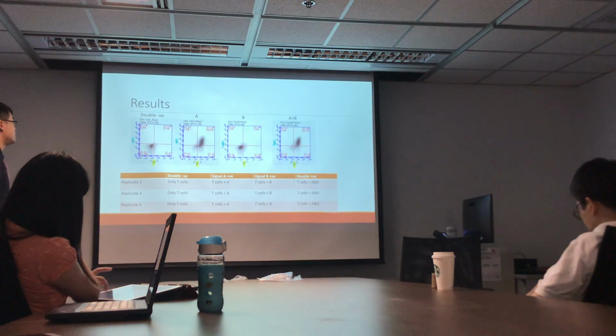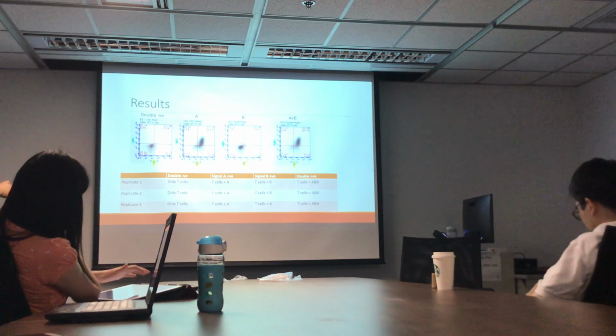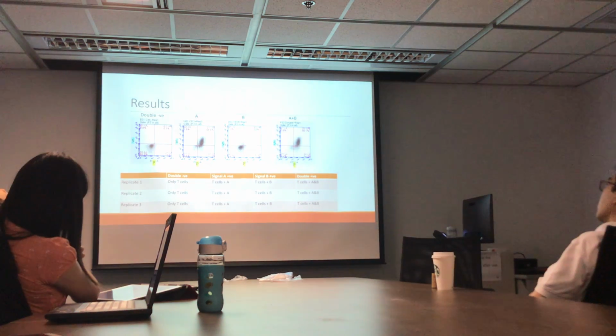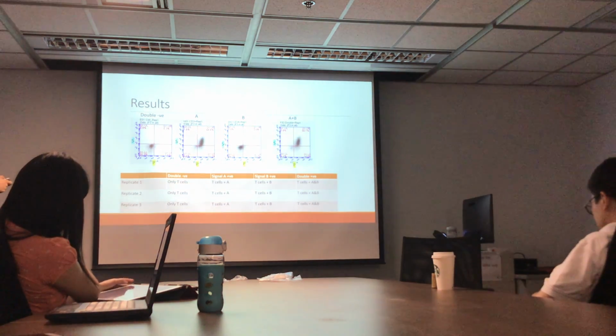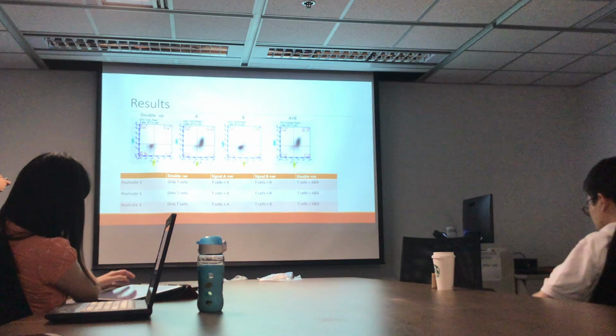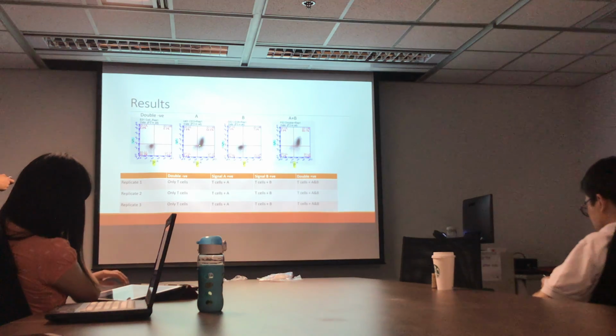Yep, and here's our results. This is just a reminder of the previous design that we have for double negative, which is the negative control. We have a baseline level of P and S, which we set as the baseline. The cells with signal A demonstrate a higher P and S signal compared to the baseline level, and therefore it suggests that they are activated.